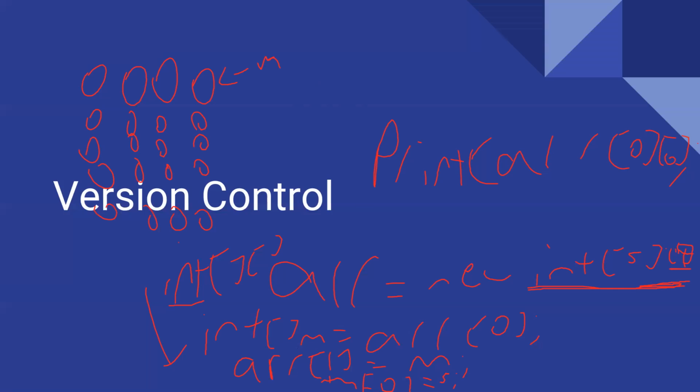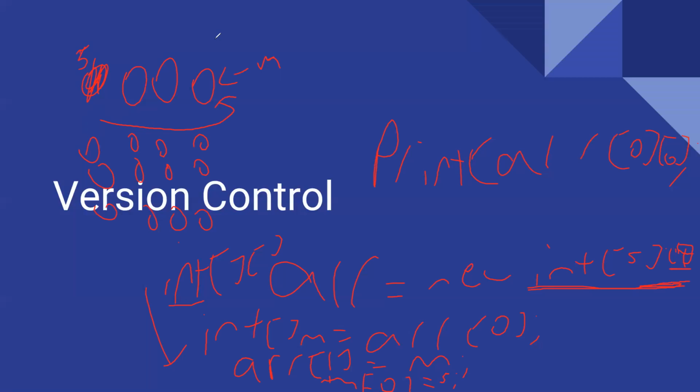What happens next? arr sub 1 is equal to m. arr sub 1 is row 1, so this row here points to whatever m points to. So this also points to this. And then m0 is equal to 5. What is m0? It's whatever m points to, its first element. We set it to 5.